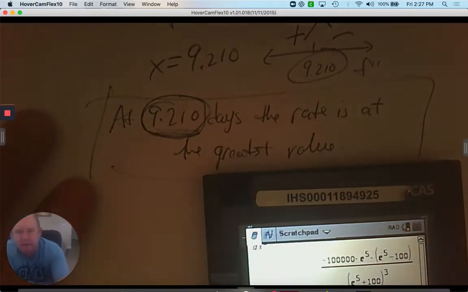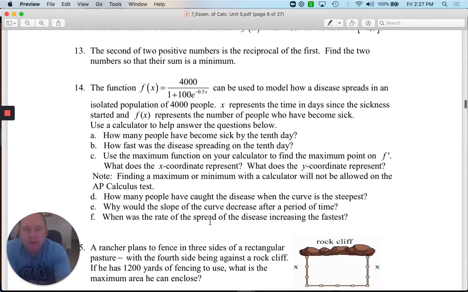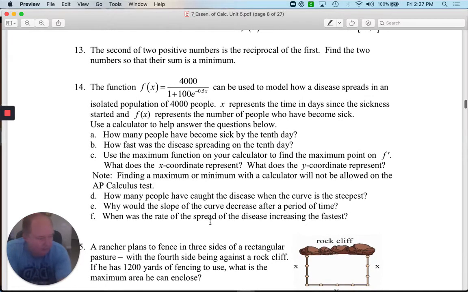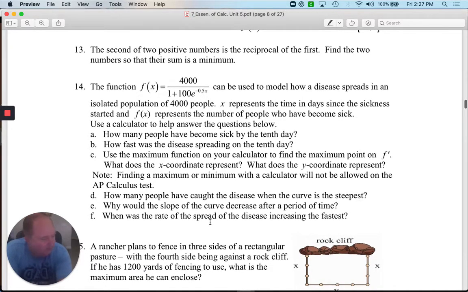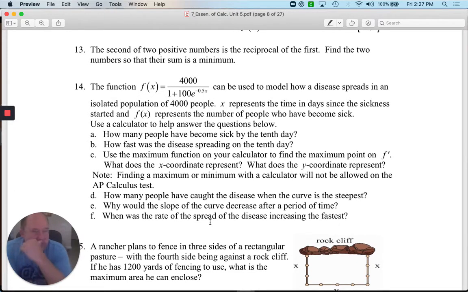What else did they want you to figure out? It says, what does the y coordinate represent? So the x coordinate is 9.210. What does the y coordinate represent in that situation?